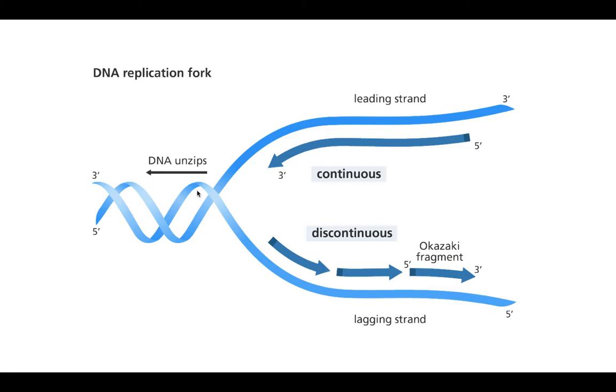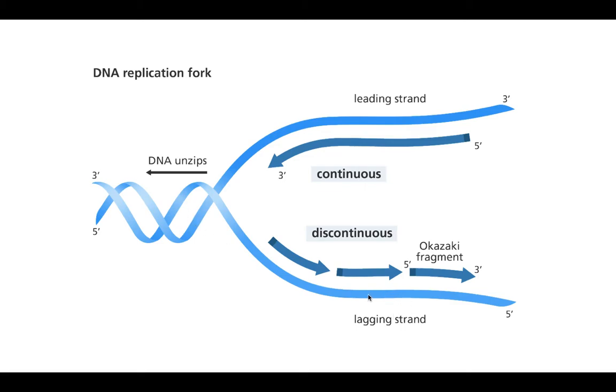but on the lagging strand, as the DNA unzips this way, the protein that does this build can only go from the 5' direction to the 3' direction. So as new DNA is being exposed on this lagging strand, it has to be built in little bits and pieces that are called Okazaki fragments. So this will be the first fragment that was built, while this part of the DNA in the lagging strand was still wound up inside the double helix.